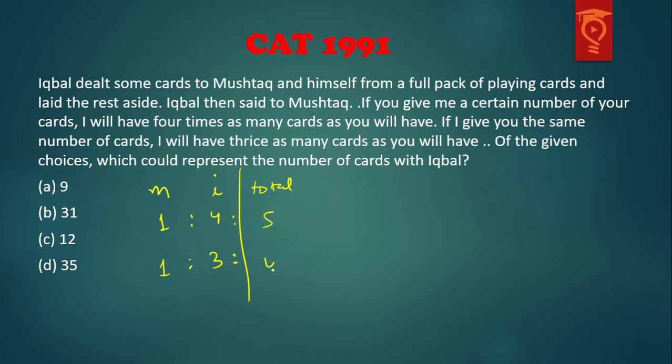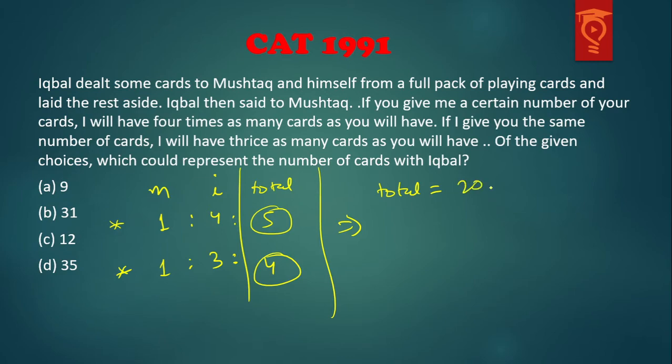This tells me the total number of cards, which never changed between the first and second variations, is a multiple of 5 as well as a multiple of 4. So the total must be 20 or 40, because 60 is no chance. The total number of playing cards in the pack is only 52. So there are only two chances: either 20 cards distributed between Iqbal and Mushtaq, or 40 cards.